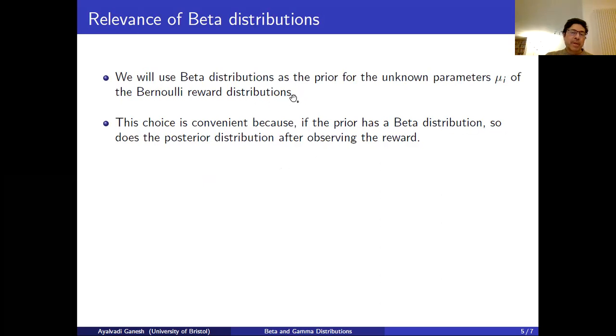Okay, so if we had started with something else, something arbitrary, we might still have been able to do this calculation in principle, but it gets messy in practice. After one step, after two steps, it's messier, and you have to keep doing it repeatedly for your sampling procedure for your multi-arm bandit problem.